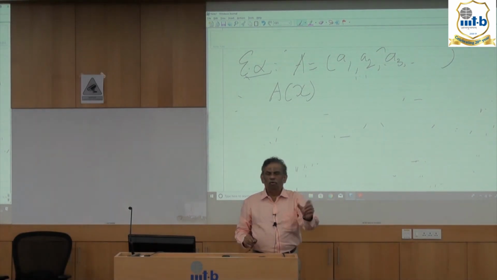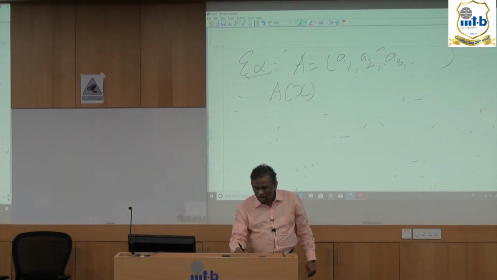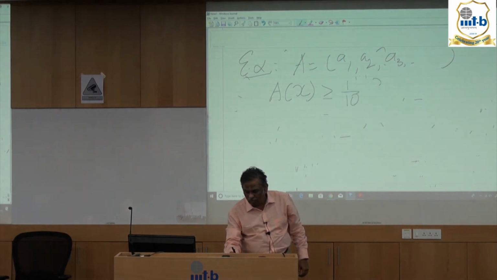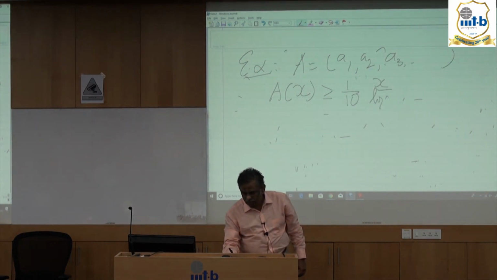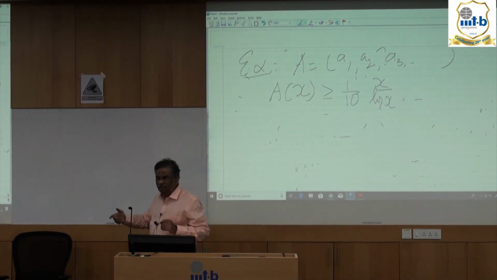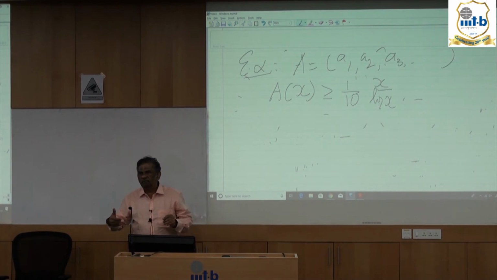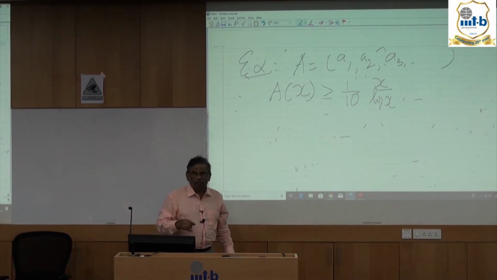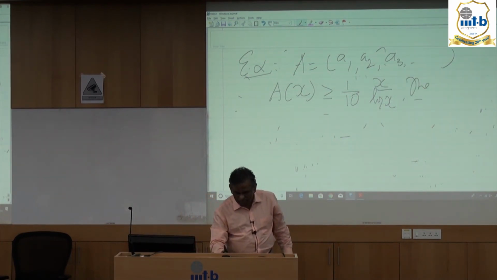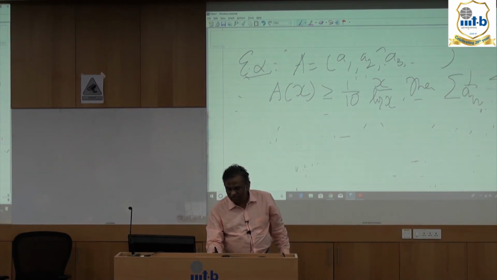In this sequence, count how many elements are there up to x, and suppose this number is bigger than, let us say, 1 over 10 times x over log x, for every x. Then the sum of the reciprocals of the sequence diverges.